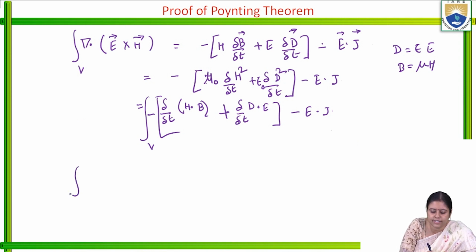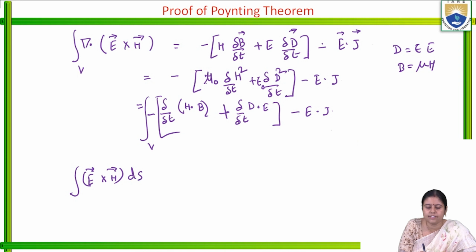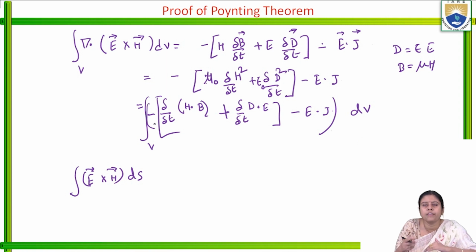We can change it into E cross H ds, because according to the divergence theorem, if we are taking the volume integration on both sides, it can be changed from volume to surface integral. So we can write E cross H ds is equal to the total line.